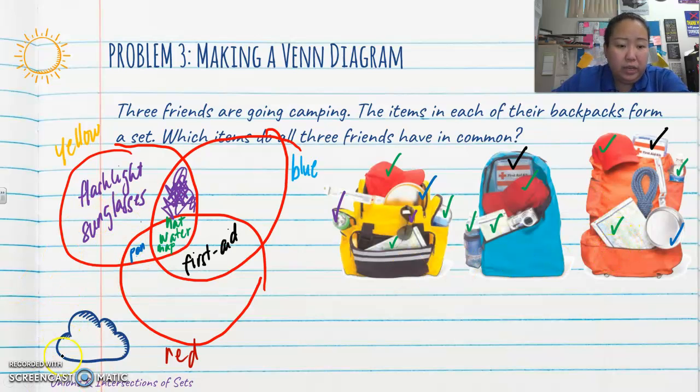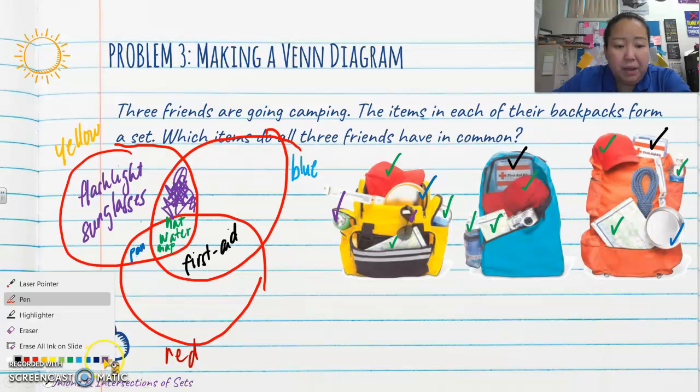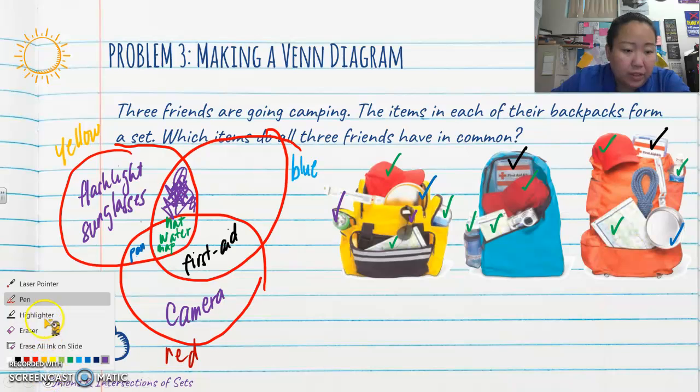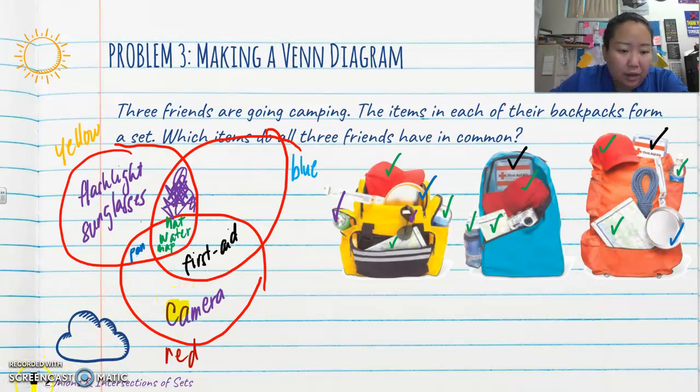Only the camera is left. Sorry, my bad, that is supposed to be in the blue bag. The camera is just in the blue bag, so that's crossed out already. In the red bag, the only thing that's present is just the rope.